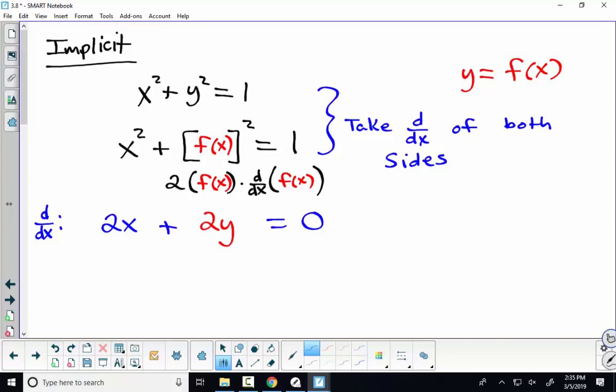The derivative of y squared is not 2y. What are we missing? The y prime. Yeah, we're missing the derivative of y. So it's 2y times y prime.